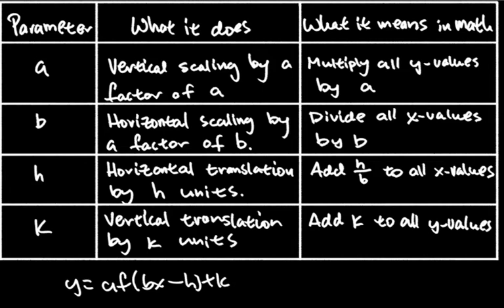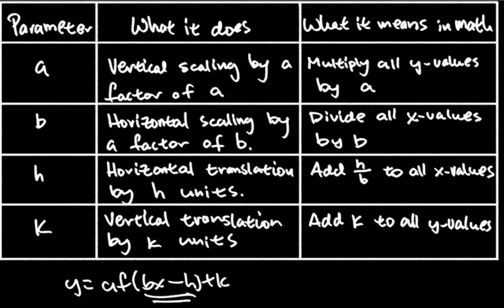For H and K, you're actually going to add H over B to all the x values. It's a little bit weird, but essentially what's happening is you see inside here, certain things are happening. And so you're already transforming the x values with B, so that means H has to be transformed relative to the B values. And it does that essentially through division.